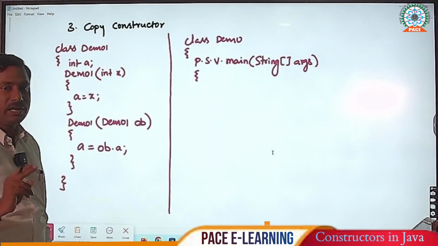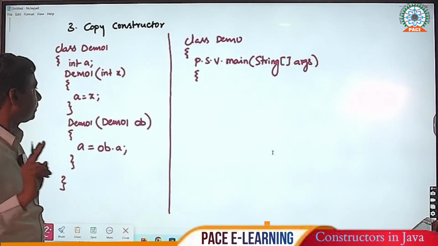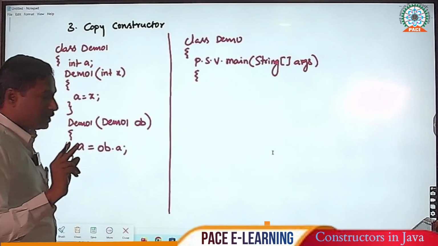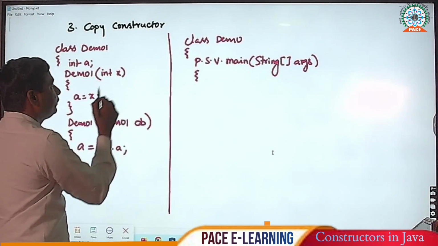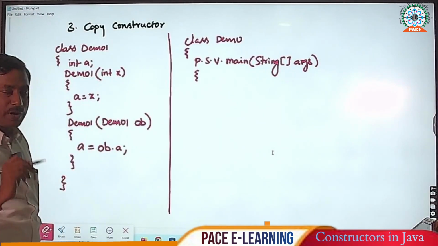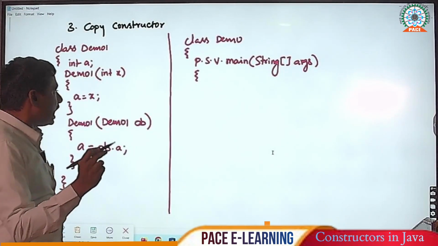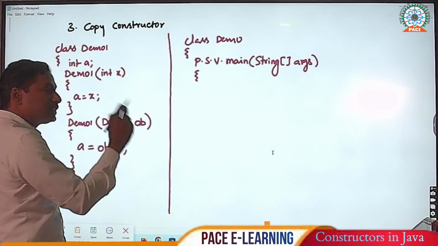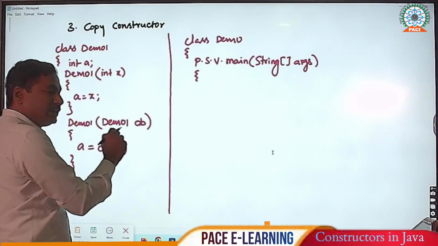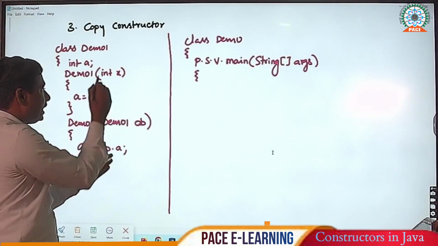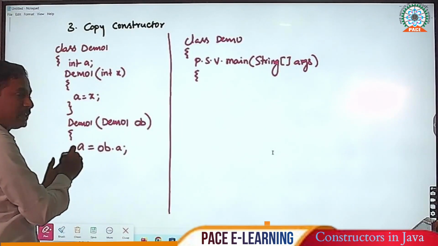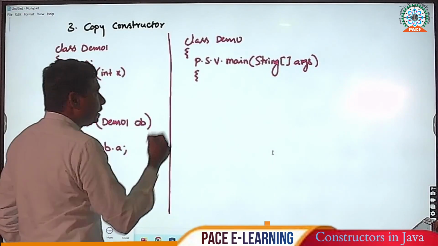Listen to me carefully. When I am creating one object, I will pass this x value and fill this A with x. When I am creating the second object, I am going to pass the first object as a parameter, and this object which is having A value will be copied into the present object's A. Let me demonstrate here.